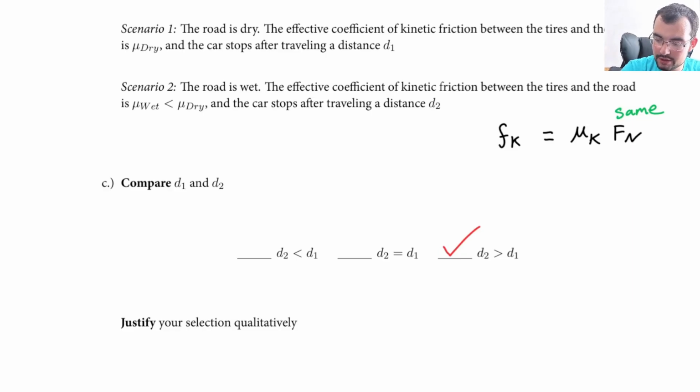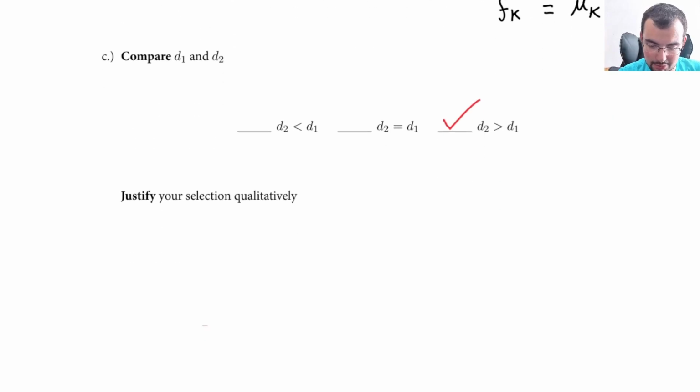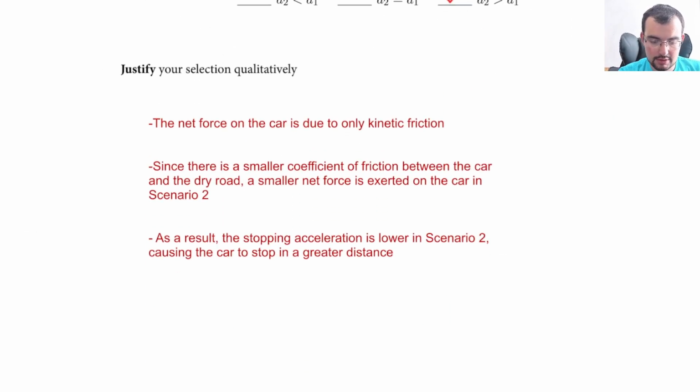But in the case of the dry road, we get a bigger coefficient of friction, so we get a bigger braking force, so we get a bigger braking acceleration, so we get a lower stopping distance. So on the wet roads, this coefficient is lower, so you get less force, so you get less acceleration magnitude, so you get less braking, so you get more distance. Net force is kinetic friction, since there's a smaller coefficient, smaller net force in scenario 2, so you get lower stopping acceleration, so it takes longer to stop.